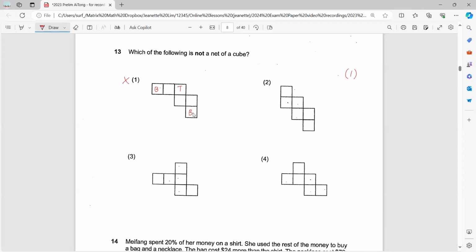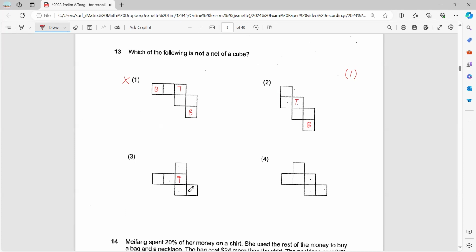Let's check the rest. So let's say this is the top of the cube. Then these will wrap around the sides, and this will be the bottom. Okay, that looks fine. Then this one, let's say this is the top, and these 1, 2, 3, 4 will be the sides.